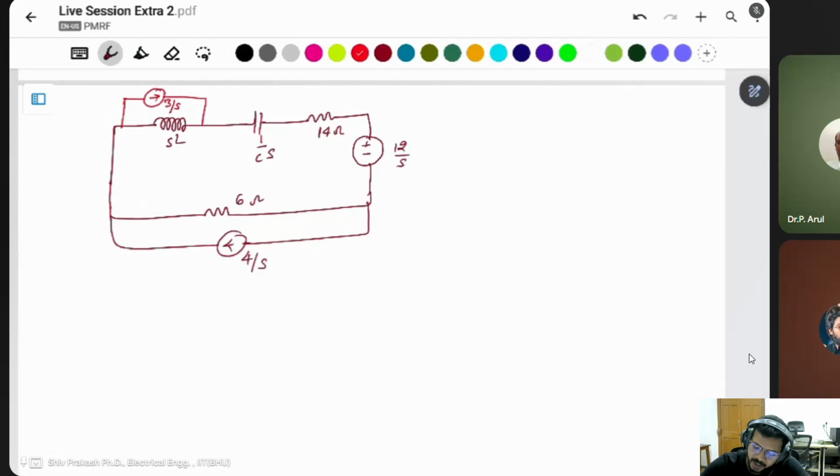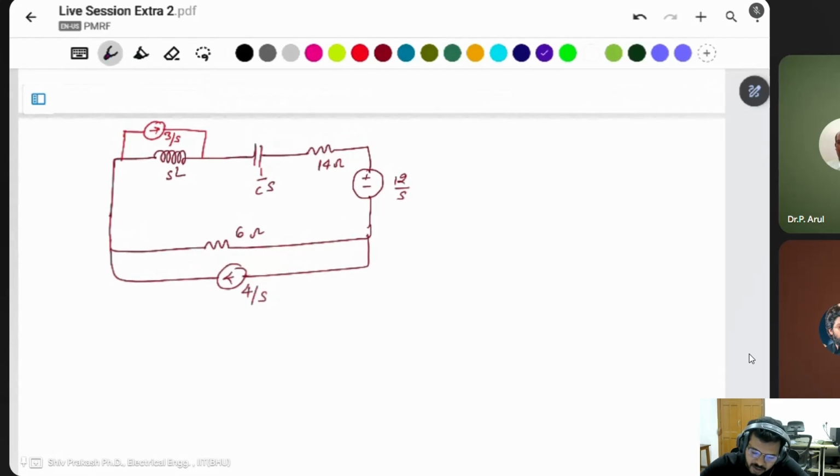Okay. Here you can see this is a current source in parallel with some impedance, and this is also a current source in parallel with a resistance. You can use source transformation.